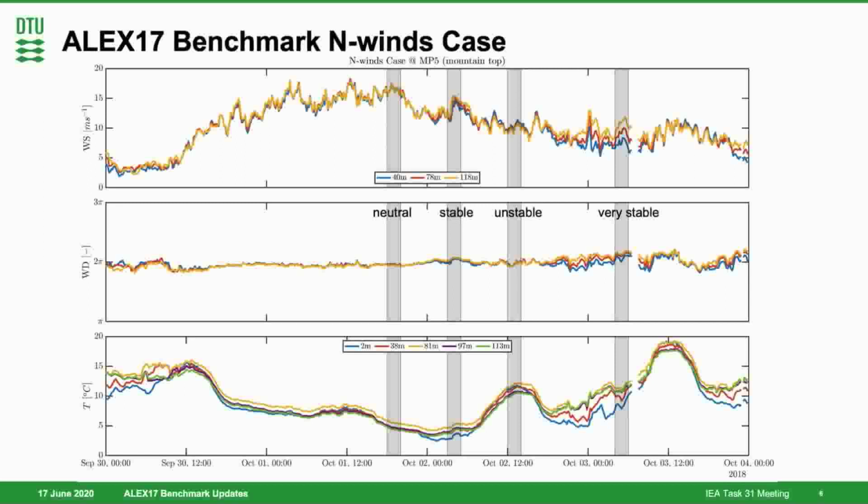But since we have also received many interested people with steady state models, and also to be connected with the numerical site calibration benchmark that will follow, we have selected periods where we can see predominantly neutral, stable, and unstable stratification, both at the mountaintop and at the valley floor.